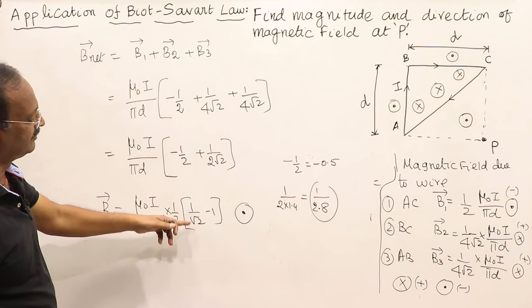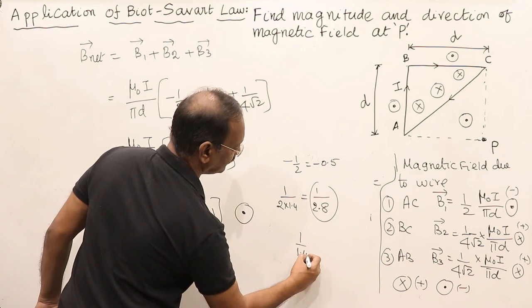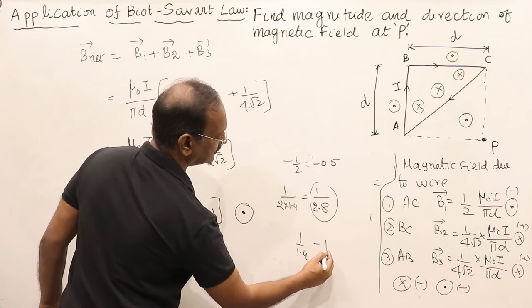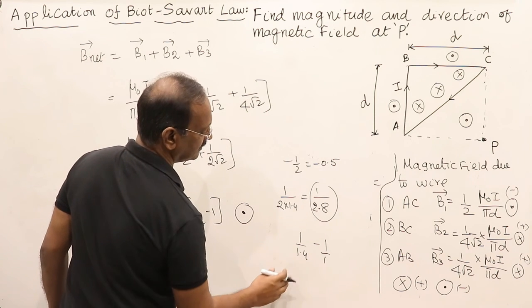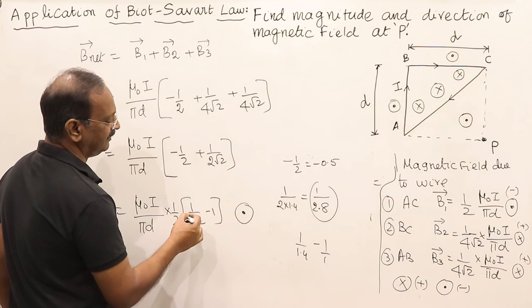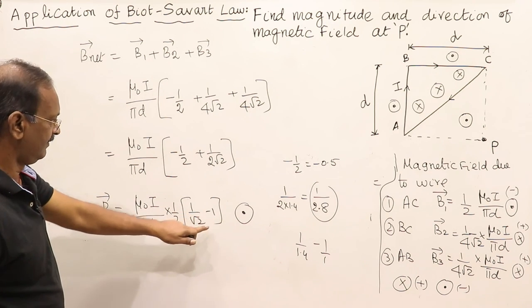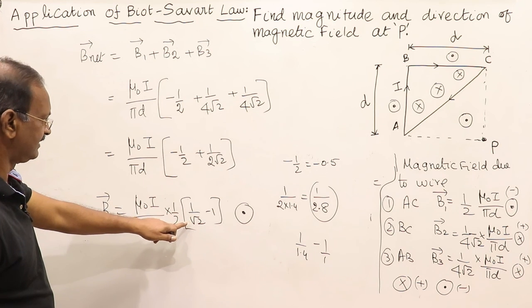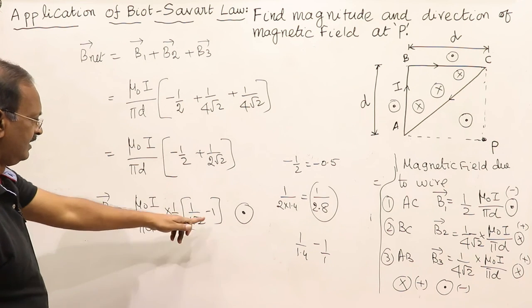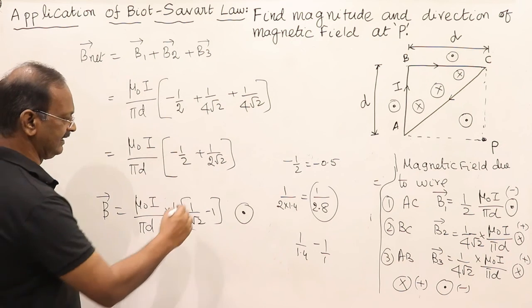This is 1 by 1.4 minus 1. This will be a smaller value and this will be a bigger value. When this is the bigger value, in this case where 1 by half we have taken, it means the answer will come negative.